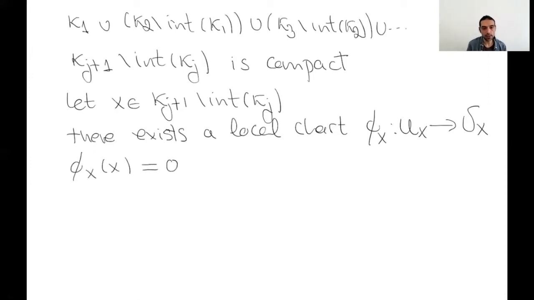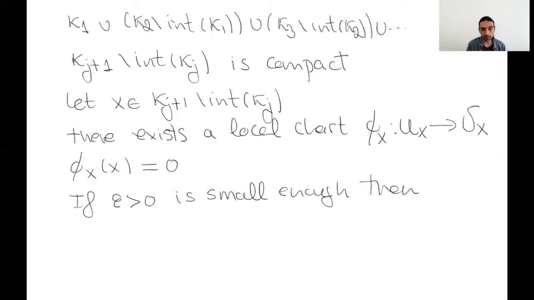Just because it makes our life a little bit simpler, nothing fancier. So what happens is that if epsilon, a positive real number, is small enough, then the closed ball of center 0 and radius epsilon is contained in B sub x.